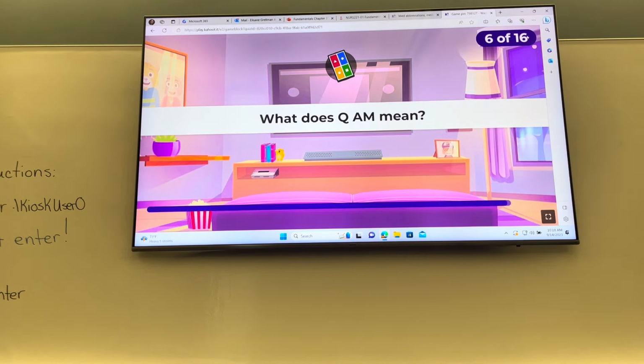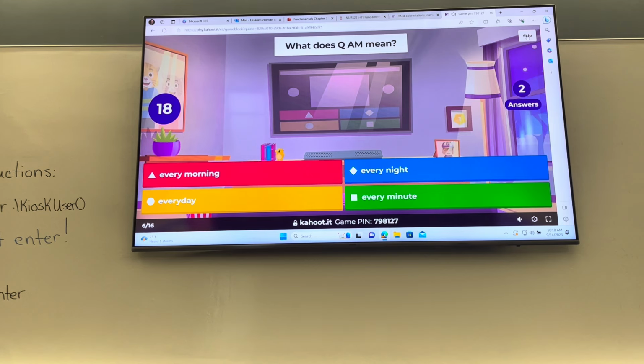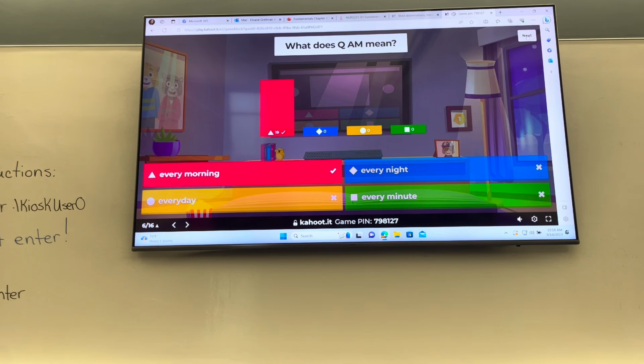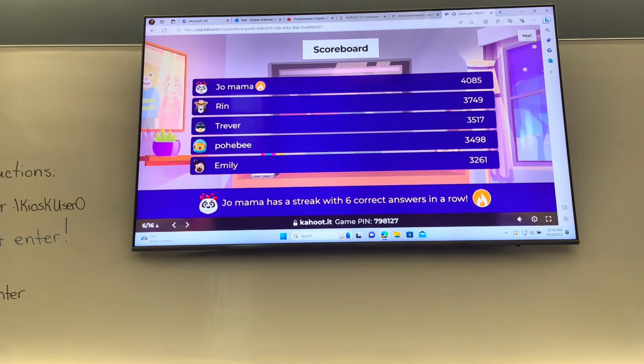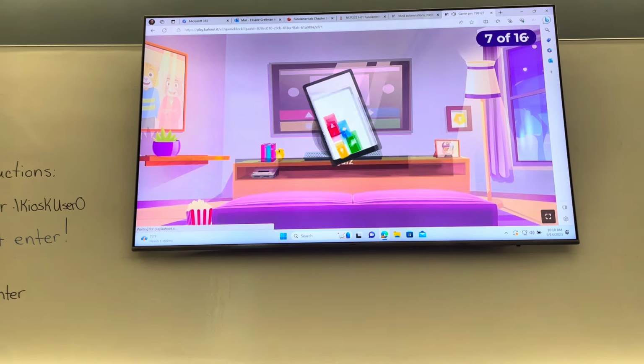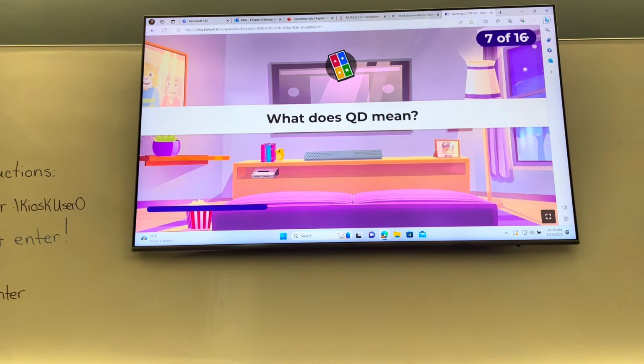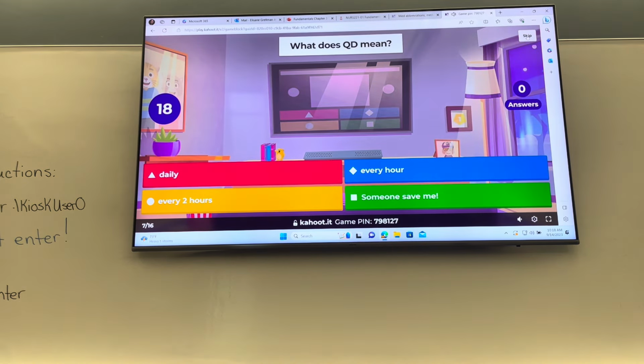Okay, if you guys got this one wrong, I promise I'll give you 2 minutes if you get it wrong. Okay. I'm giving you 2 minutes no matter what. Oh. QID. Someone seen it?